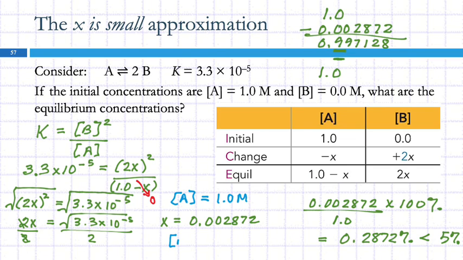The equilibrium concentration of B is going to be 2 times the x that we found, 0.00575, and well, that looks like a lowercase delta.